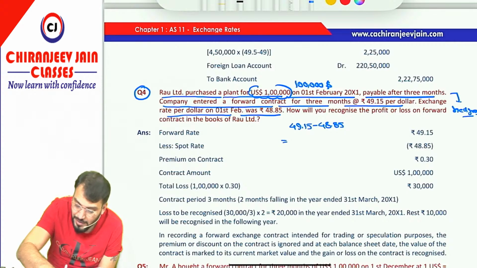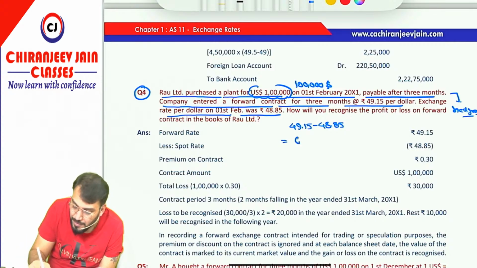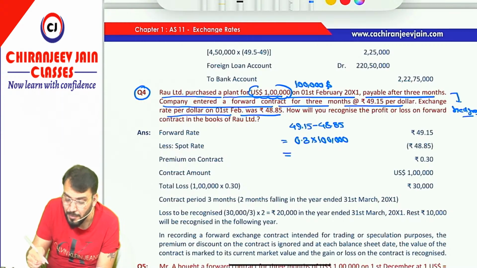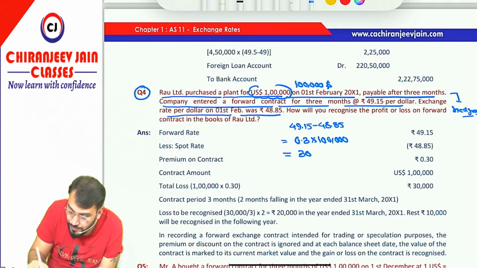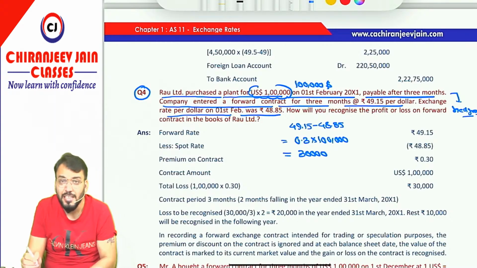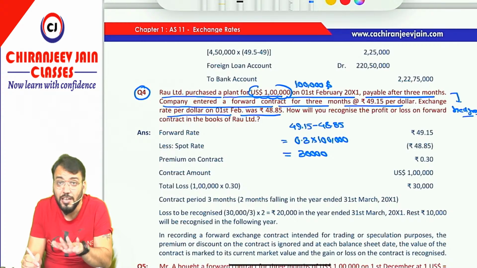Premium is 0.3 per dollar into 1 lakh. So the total premium involved in this particular contract is 30,000, understood?